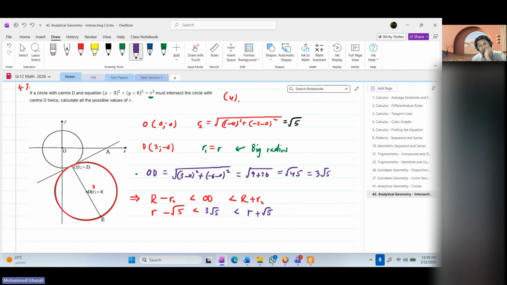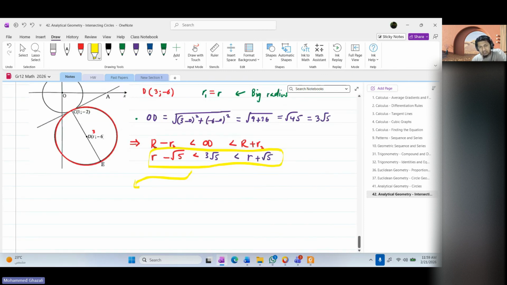R2 is root 5. Now we need to solve this inequality, because we need to solve for R. So we need to split up the inequality and solve. Let's solve this side and then that side.